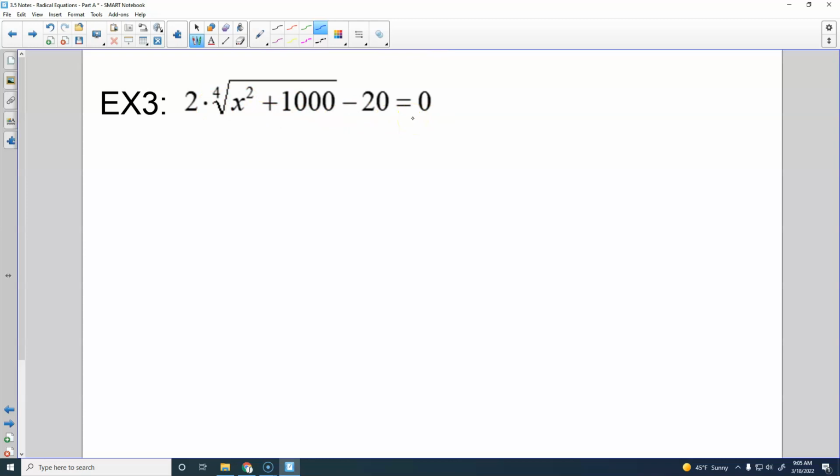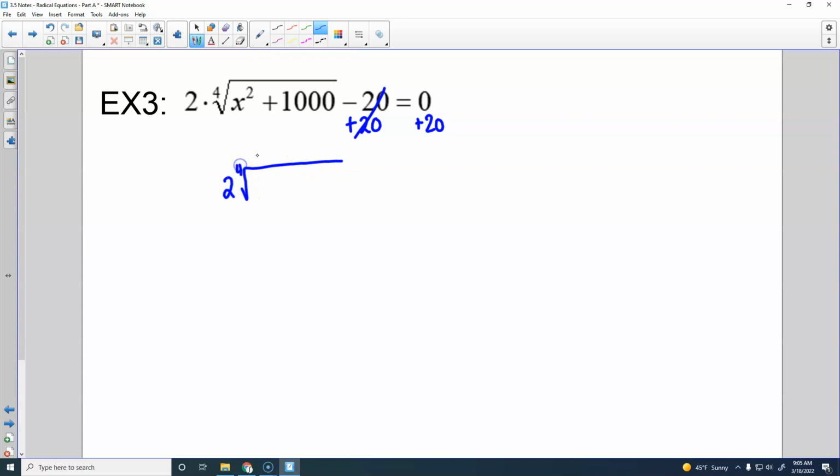So if you have a problem like this, the first thing you want to try to do is to get that root by itself. So we got to get rid of this 2. We got to get rid of that minus 20. We want to deal with that minus 20 first. So we're going to add the 20 here.